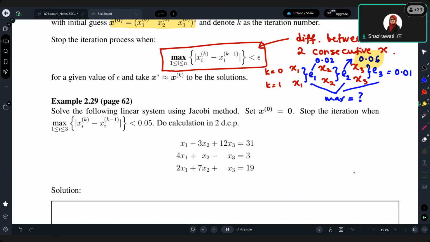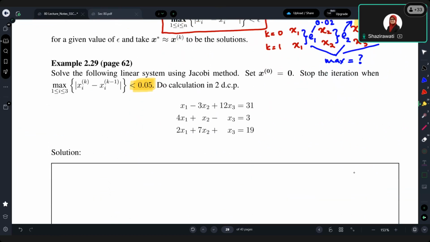So you remove one zero from that 0.05, because in the question, if you look at the screen, the stopping condition is only 0.05. So remove one zero in the solution on page 64. Alright.